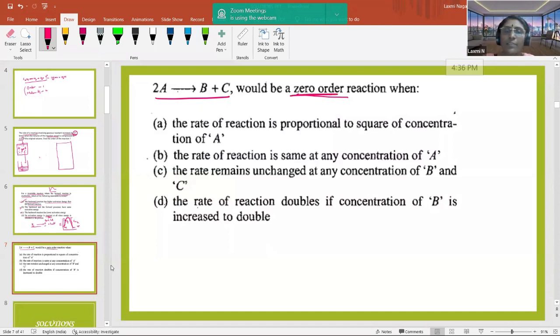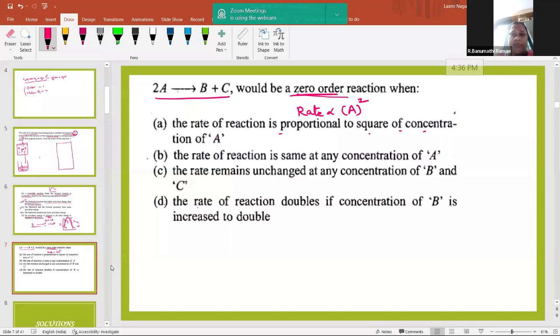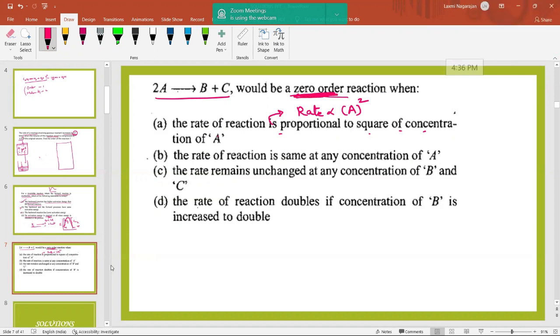Zero order. The rate of reaction is proportional to the square of the concentration. Let us try writing: rate is proportional to the square of the concentration of the reactants. Okay, this is the translation of the statement. But what is the declaration given? Which is not correct, ma'am. This is a second order reaction.